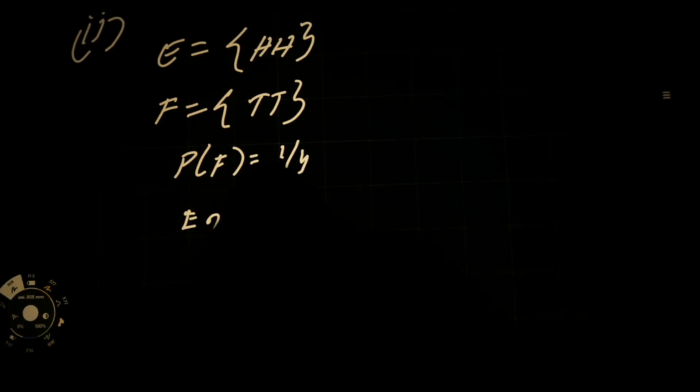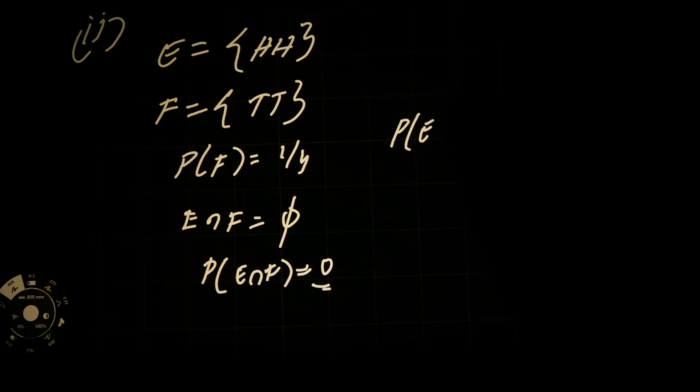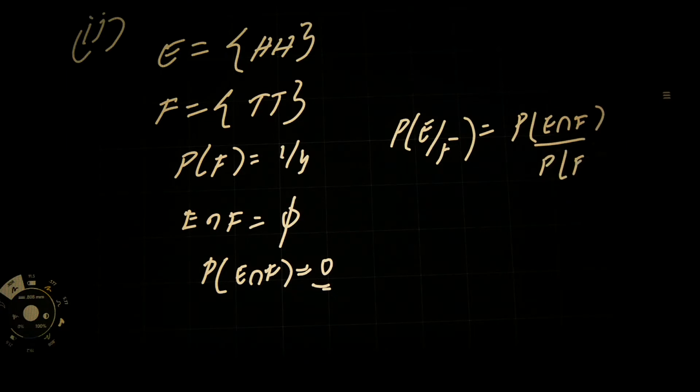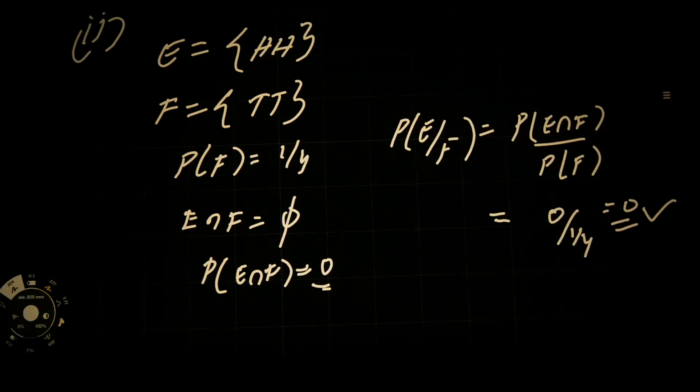It is empty. So P of E intersection F is 0. So P of E given F is P of E intersection F by P of F, which is 0 by 1 by 4. Your answer is 0. There is no such possibility for this to happen. Alright, let's go to question number 8.